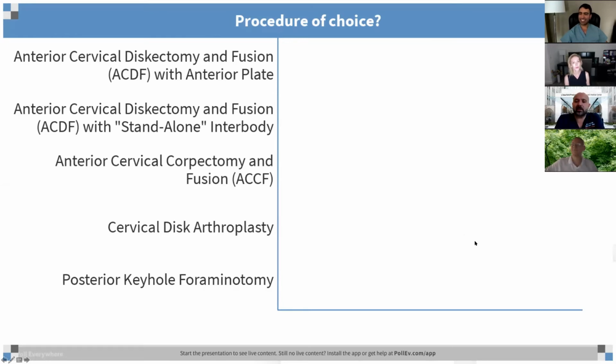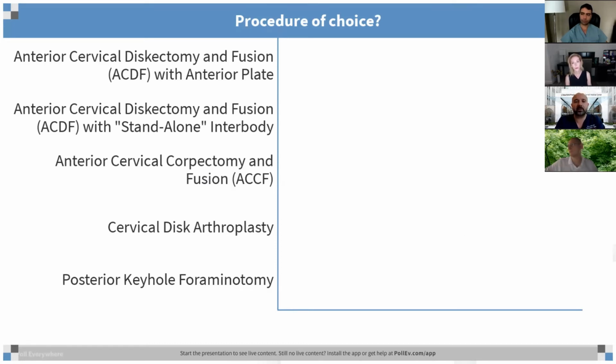Jonathan, let me ask you this, and I apologize if this is in your slides to follow. It's like MIS surgery, right? A lot of us, the ones that do it, talk about it all the time, but the reality is less than 10% of spine surgeons are doing MIS, for better or for worse. I'm not saying that's right or wrong.